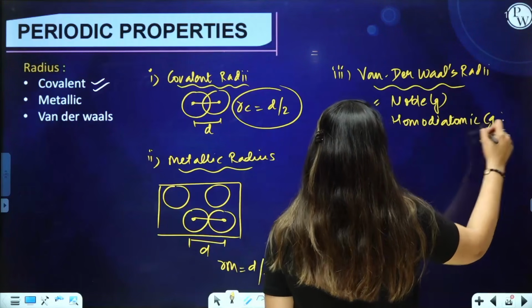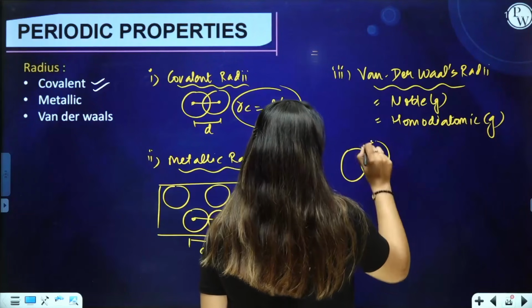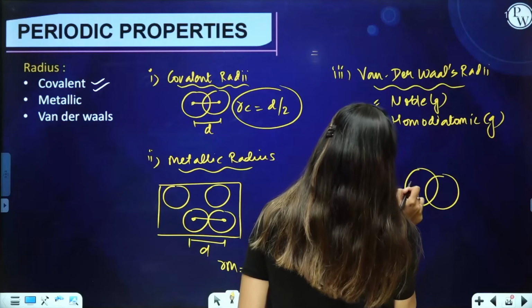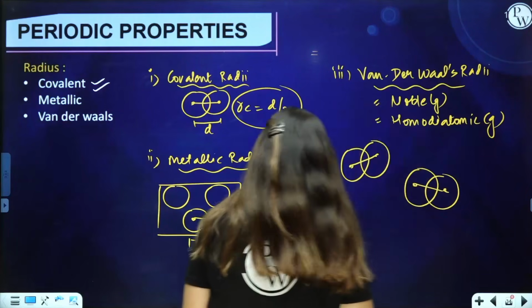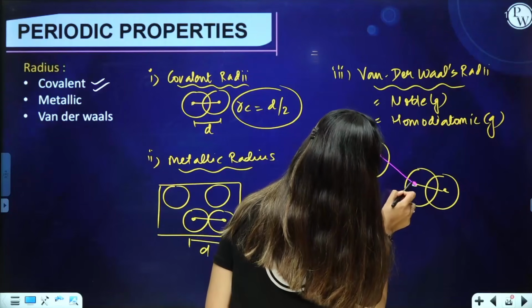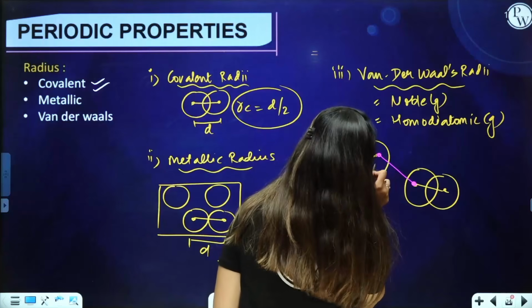Let's say I have molecules of Cl2. This is a Cl2 molecule. So the nearest distance between these two molecules, this distance, I call it d.